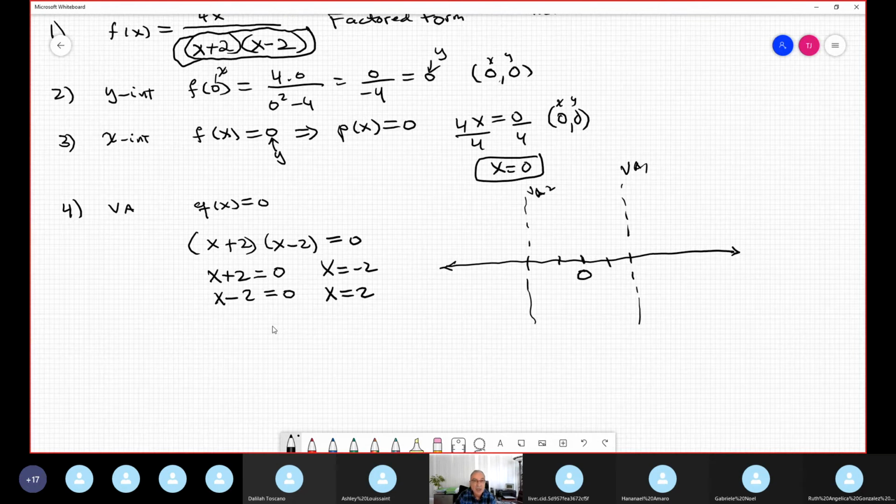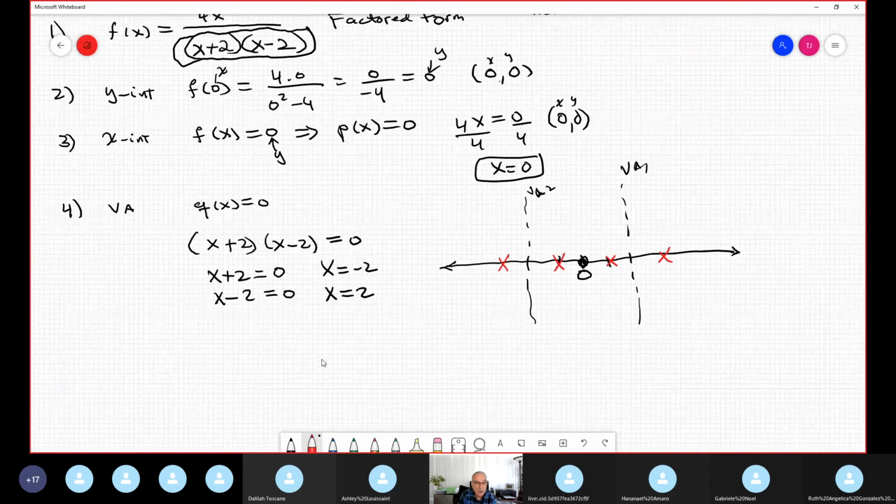I plot that famous point, 0, 0. So we have the partition, and at the last moment, I need to pick arbitrary additional points, one here, one here.